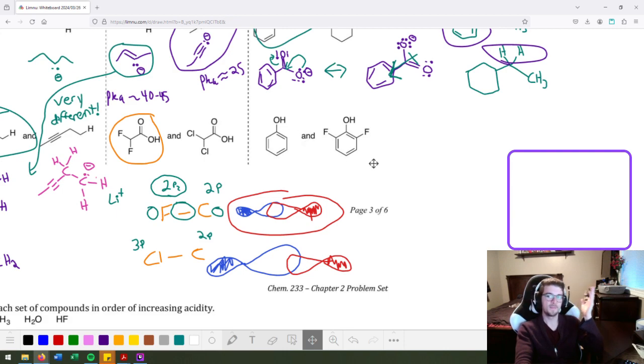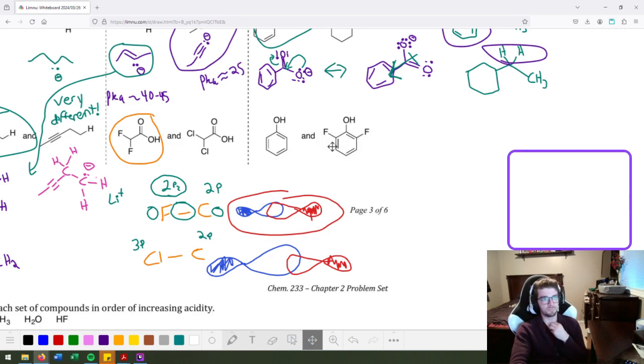Yeah, so this is going to operate on effectively the exact same arguments that we've been making. Both of these phenols will form a phenoxide that can delocalize the charge throughout the ring by resonance effects.